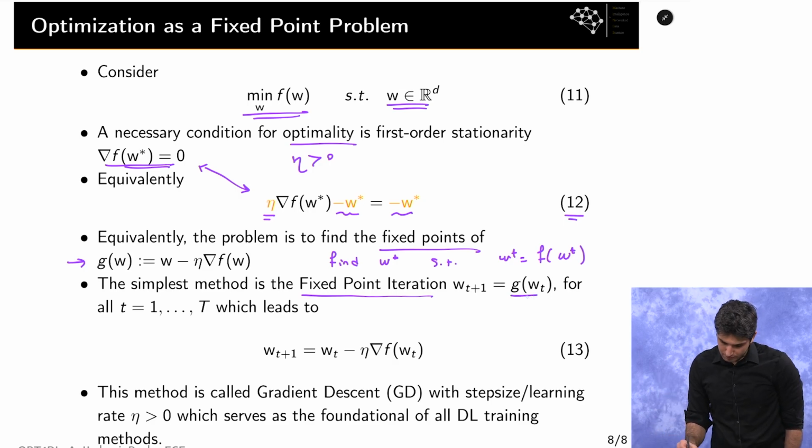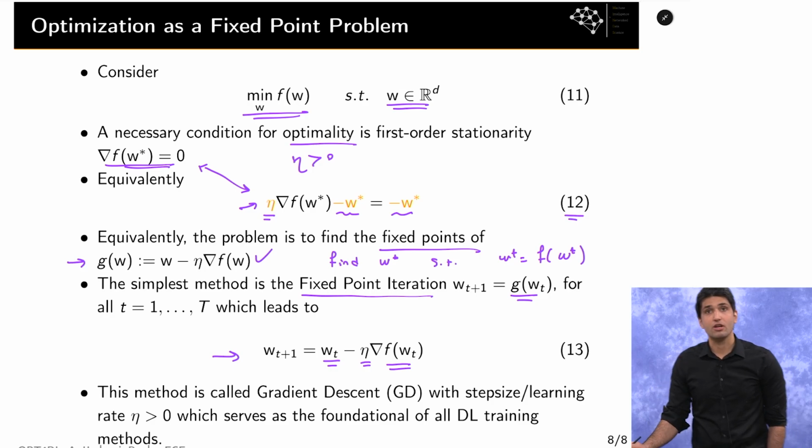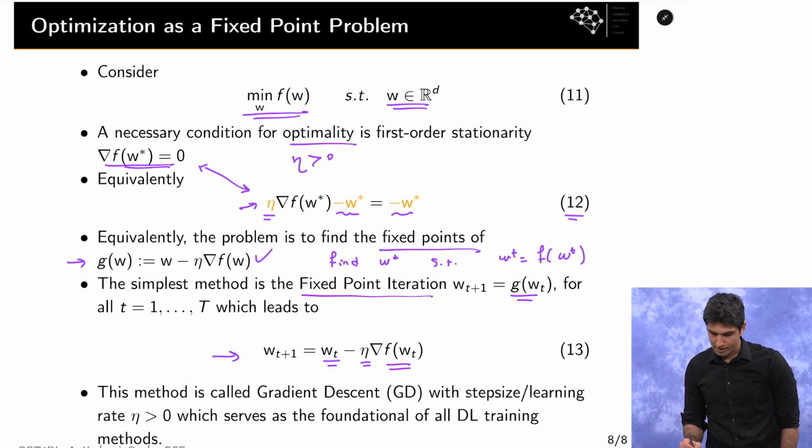Now, for this specific function that we defined here, this fixed point iteration method leads to this update: W t plus 1, the next solution, is the solution that you currently have minus eta, the constant we use here, times the gradient of the function. And this method is called gradient descent with a step size or learning rate eta.